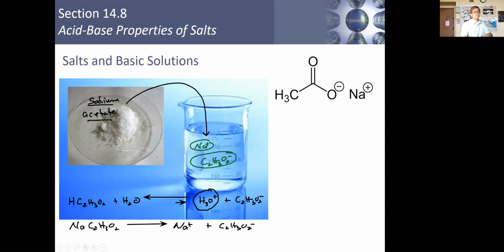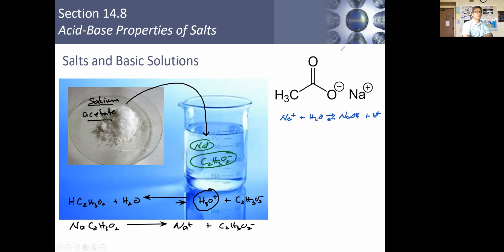We already saw the sodium ion. We already saw that the process by which sodium interacts with water does not happen, because then you would form sodium hydroxide and hydrogen ion.